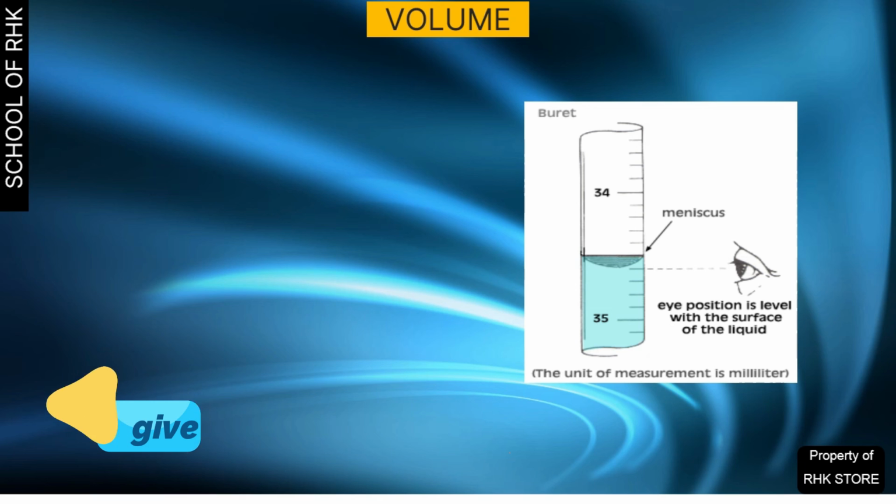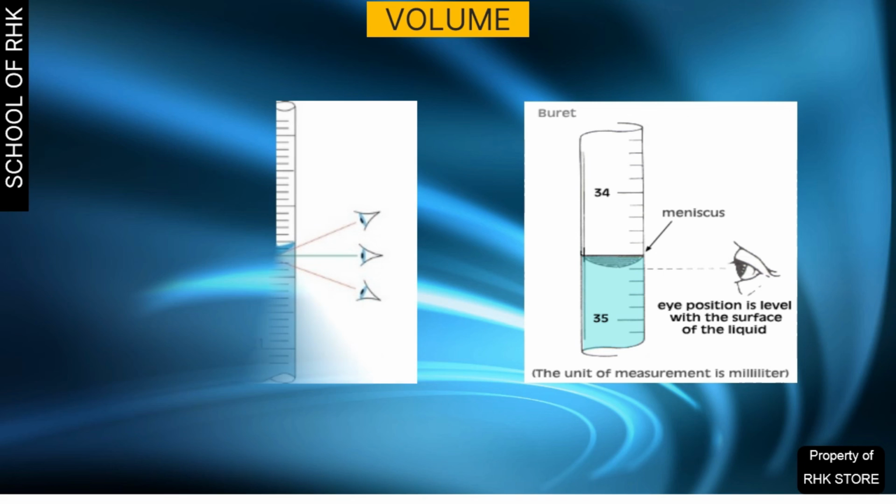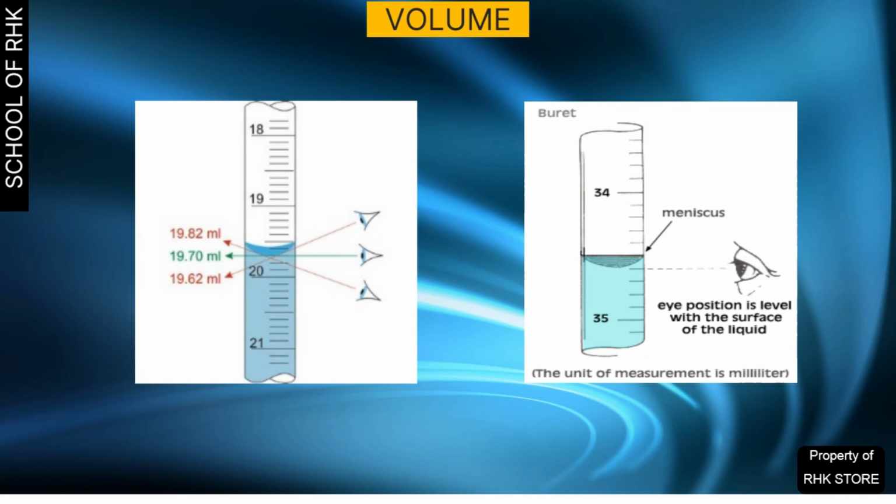When making a reading, both vessels must be upright and our eyes must be level with the bottom of the curved liquid surface, that is the meniscus. The meniscus formed by mercury is curved oppositely to that of other liquids, and the top is read. If the meniscus is not considered, it will create a parallax error.